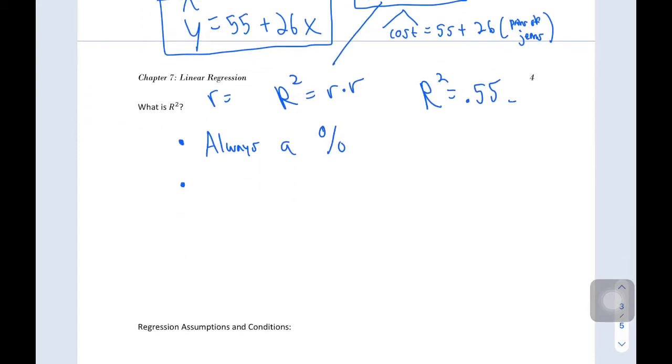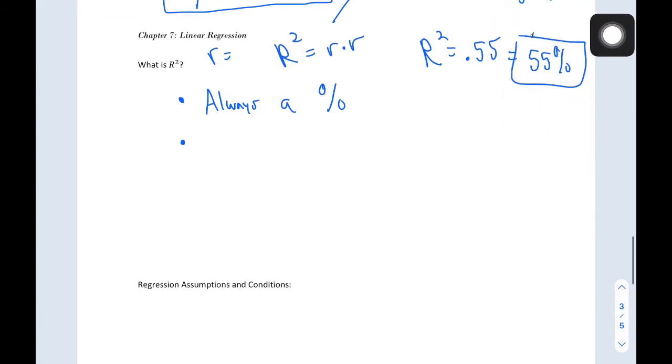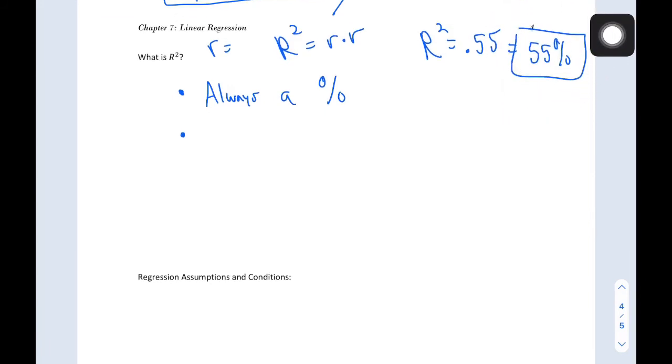And so remember, this must be a percent, so it's 55%. What you do with this is there's a sentence that you can make out of this, all right? And for right now, and after teaching this course a few years, I don't think there's much to be learned about this specific statistic, but it can come up on the AP test, and I just want to give you pretty much what the formula is if it comes up.